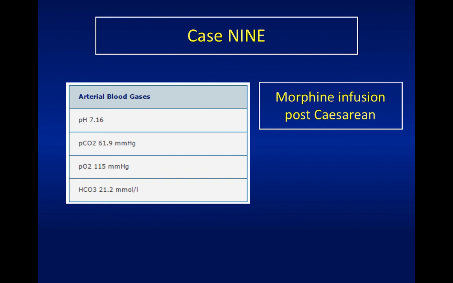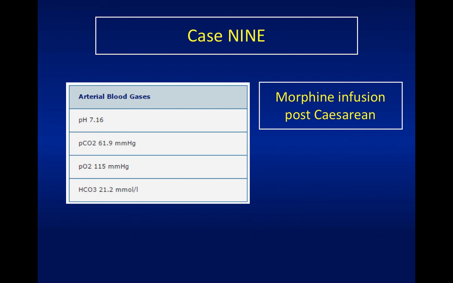So let's do the last one. This is a woman who had a cesarean, and she's getting intravenous morphine for pain relief. We've already mentioned that you'd expect a compensated respiratory alkalosis in pregnancy. Here, her arterial blood gas already indicates an acidemia.